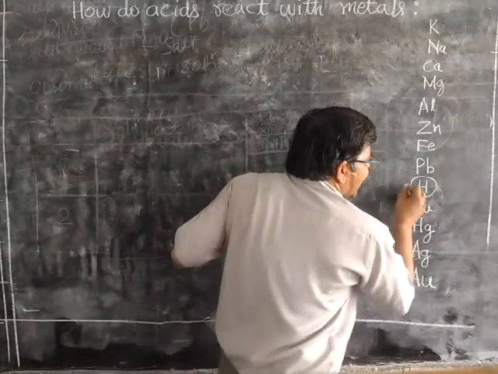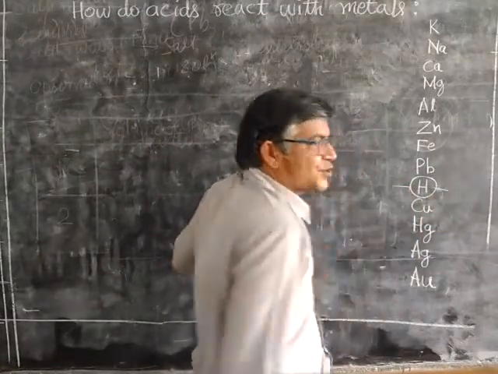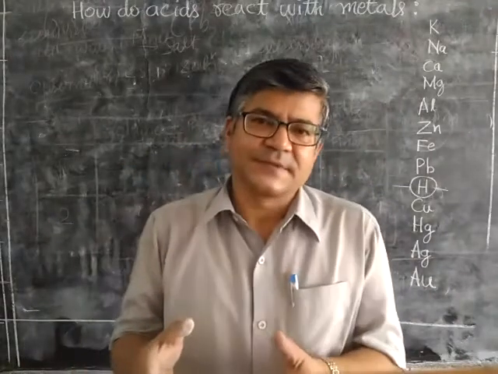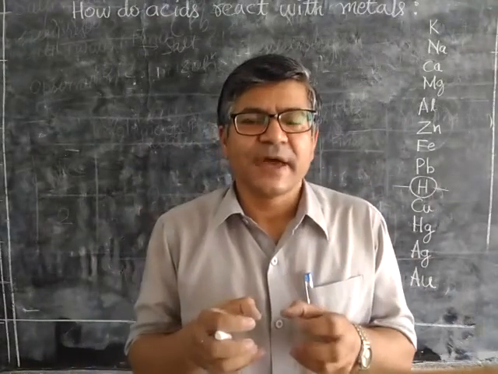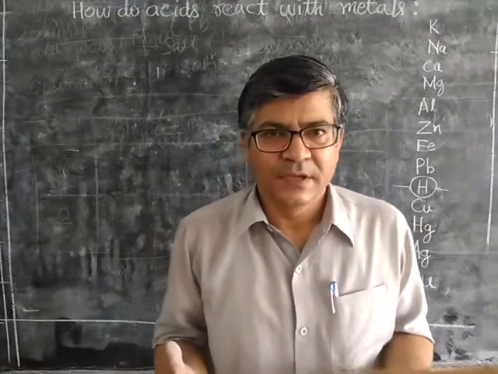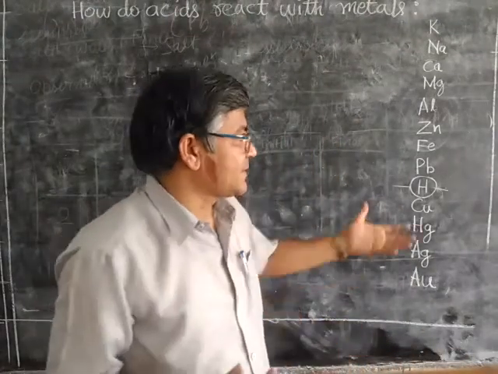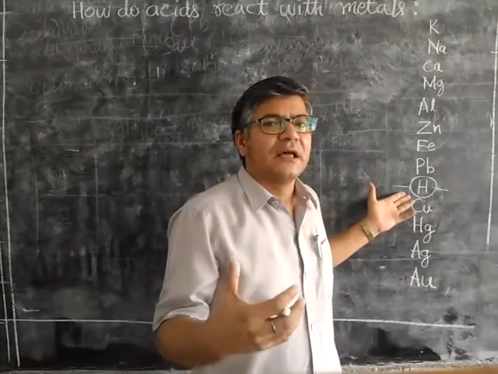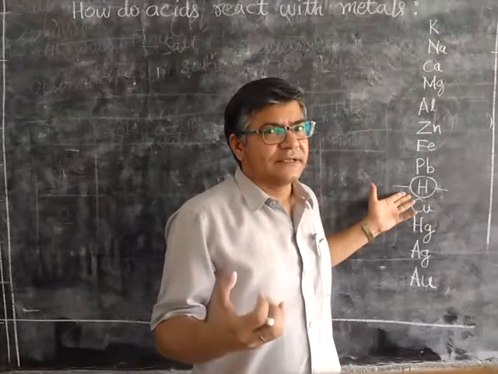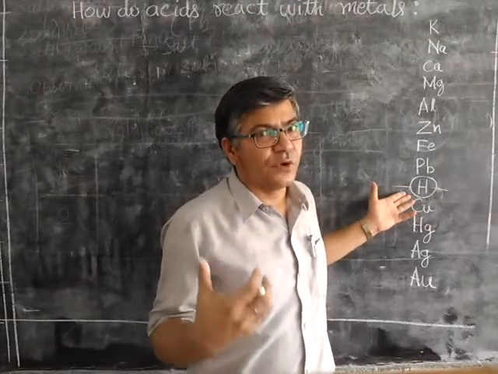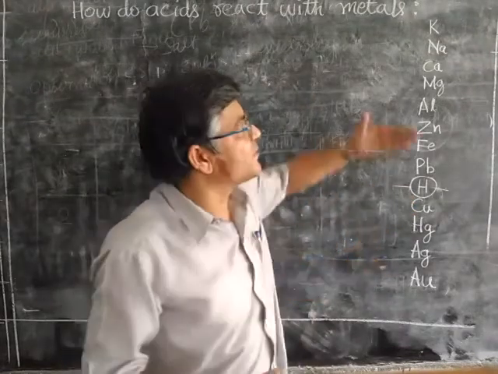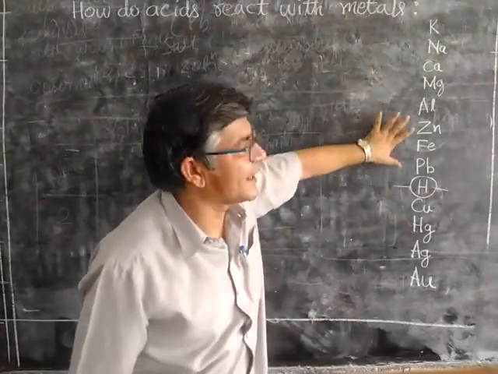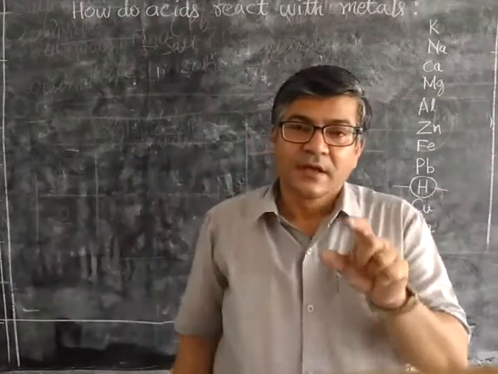Now, we know the definition of an acid: it is a substance which gives H positive ions in its aqueous solution, and H positive ions means hydrogen. So any metal reacting with an acid can displace hydrogen only if its reactivity is more than hydrogen. So these are the metals which are going to displace.